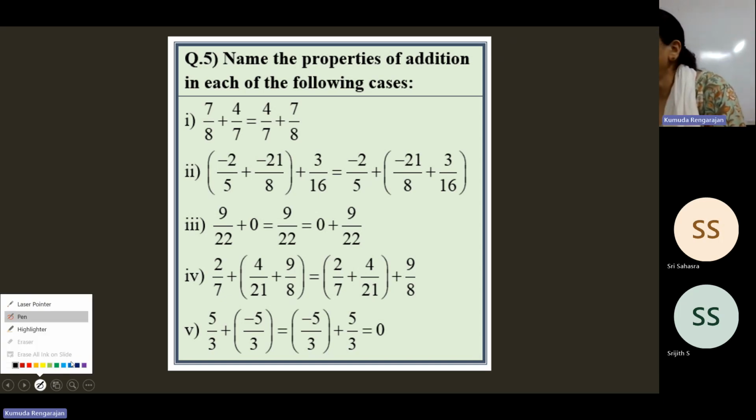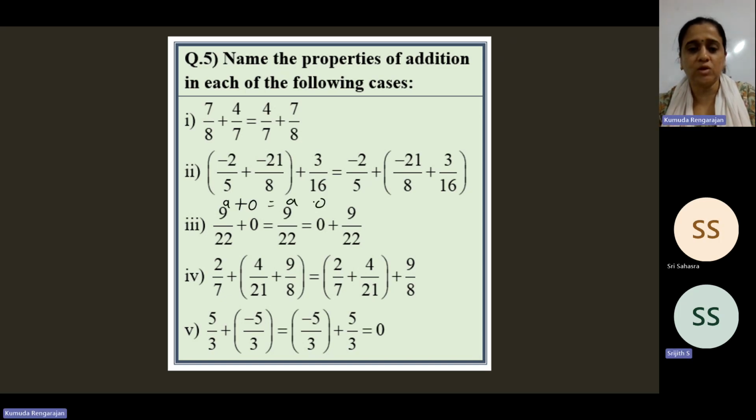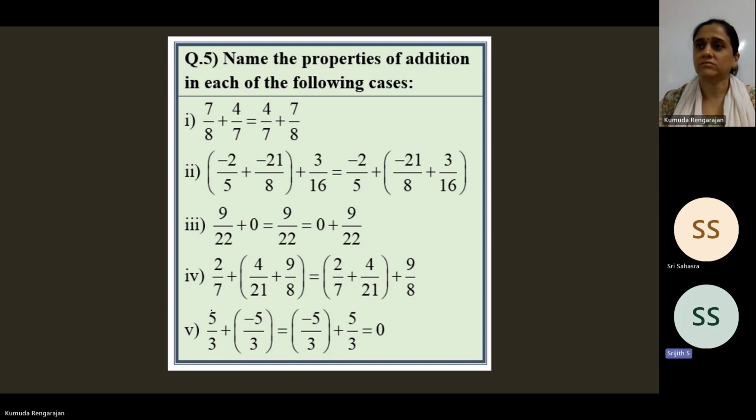Okay, the fourth one. The third one is A plus 0 is equal to A is equal to 0 plus A. The fourth one: associative property of addition of rational numbers.